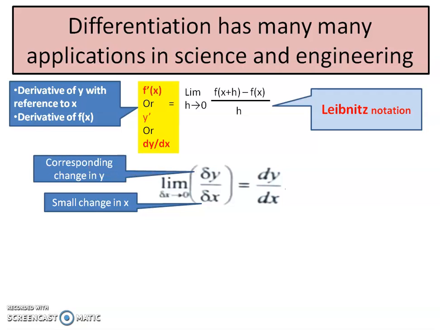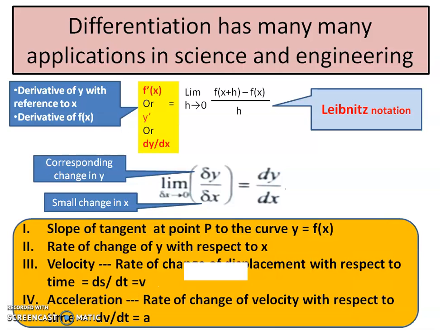A corresponding change in y. So you take a small change in x, write down the small corresponding change in y, and take the limit of this ratio as delta x tends to 0. That gives you the derivative of y with respect to x.